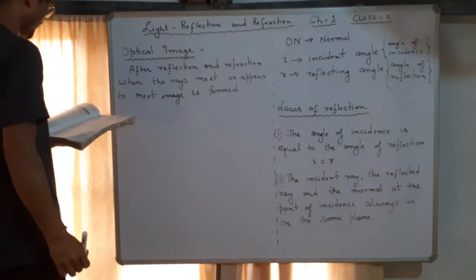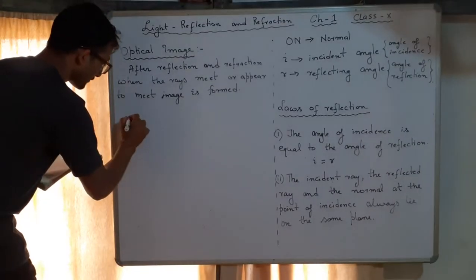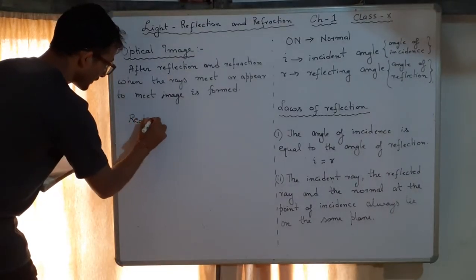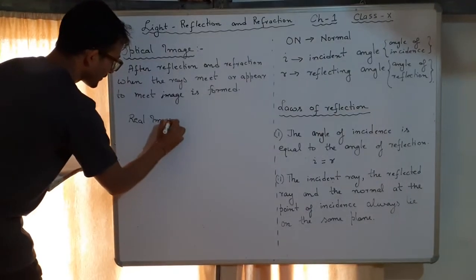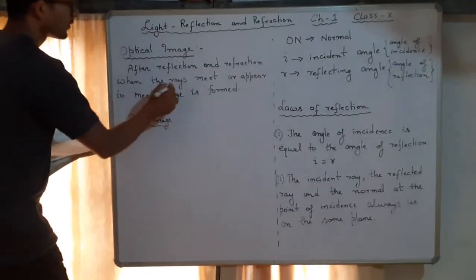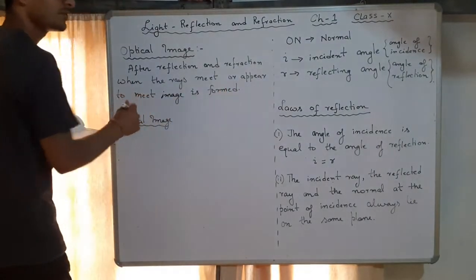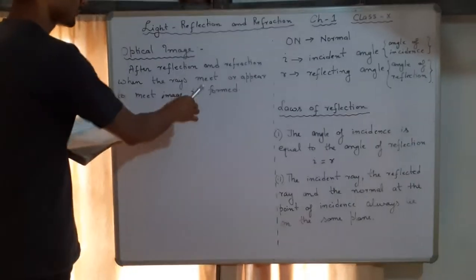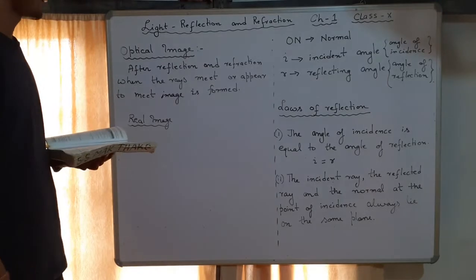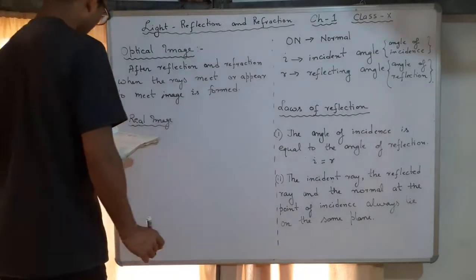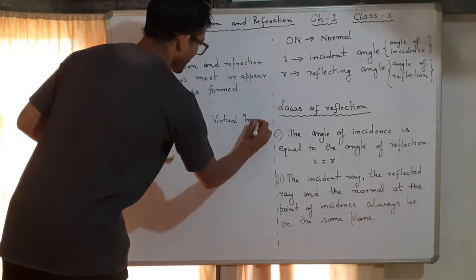Okay, now what are the types of image? The real image. You see, appear to meet means virtual, not real. Actually meeting is real. You will know in the examples how it is done. So real image is one side, the other side is virtual image.